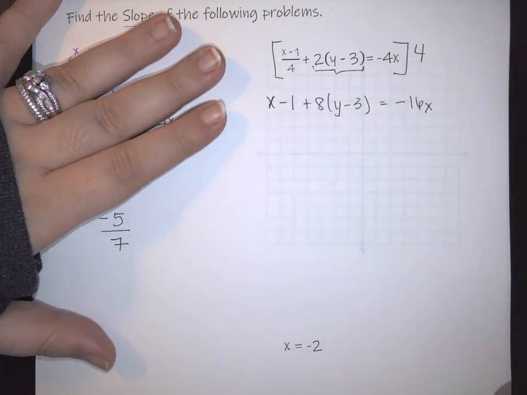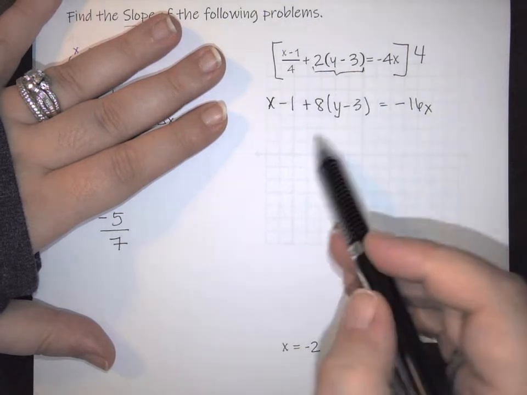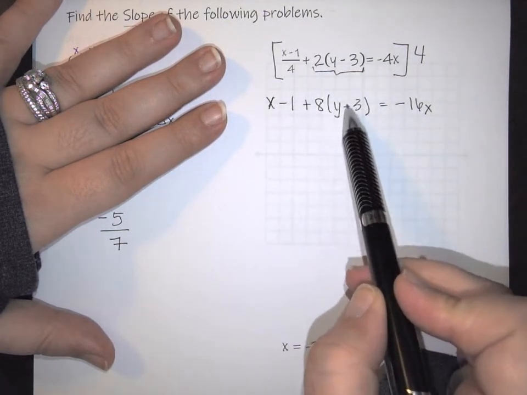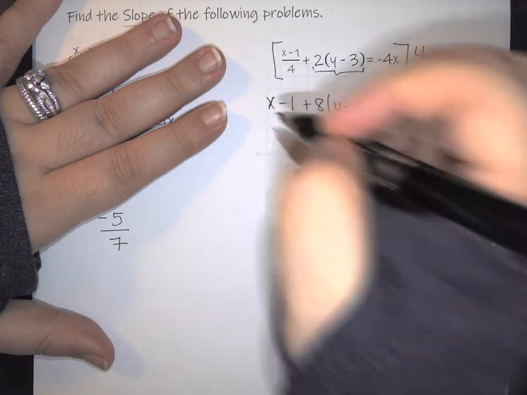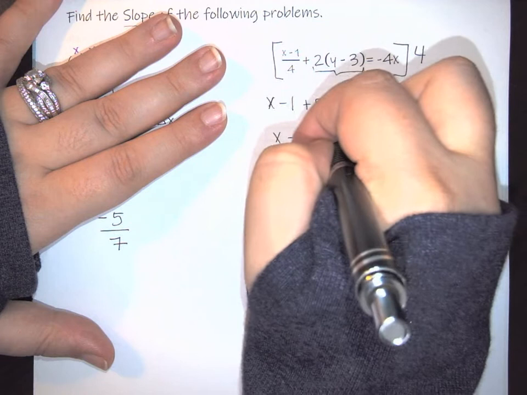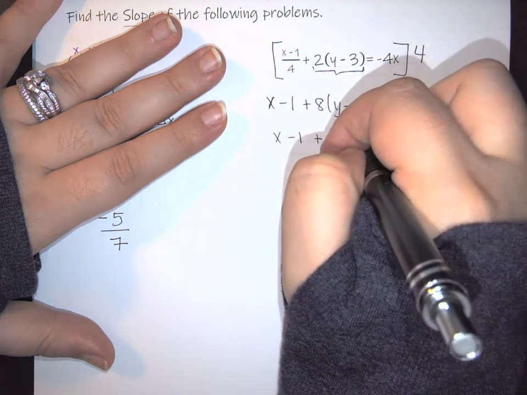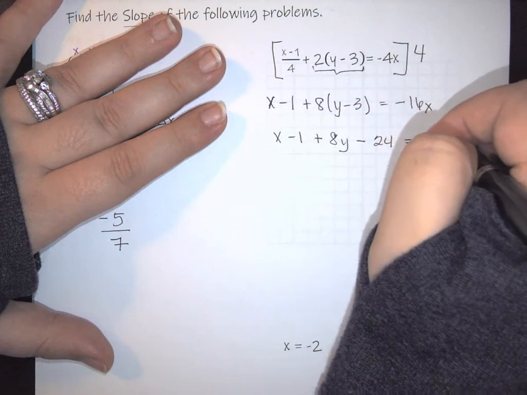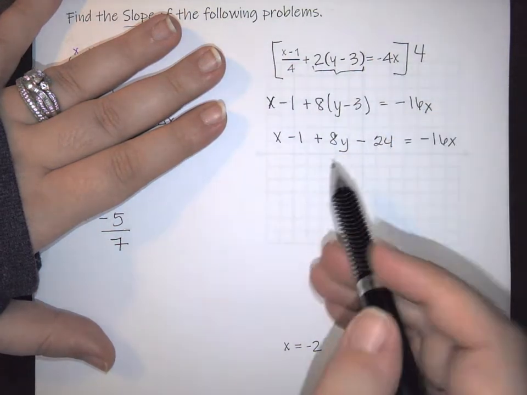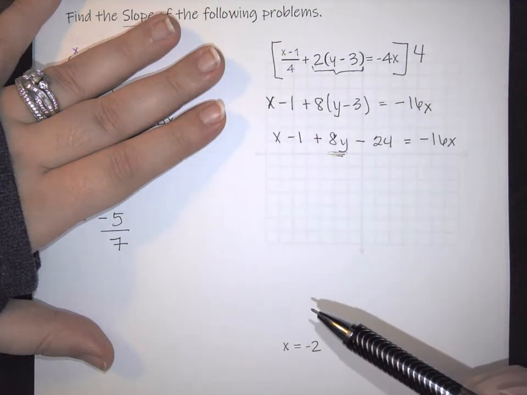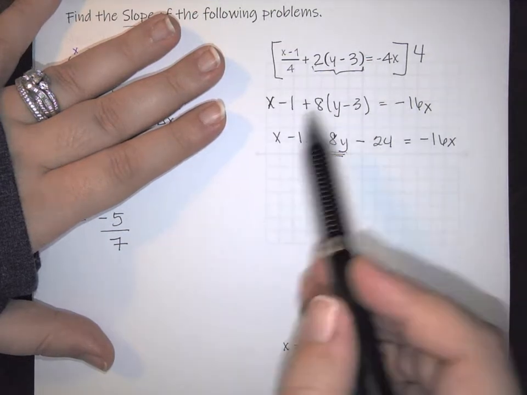-16x. Now notice my denominator is gone, and here I have to distribute my 8 through. So this becomes x minus 1 plus 8y minus 24 equals -16x. Our goal here is to solve for y, and there are quite a few ways we can do that.